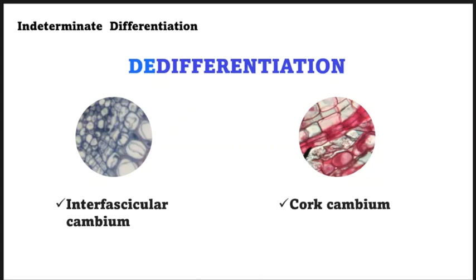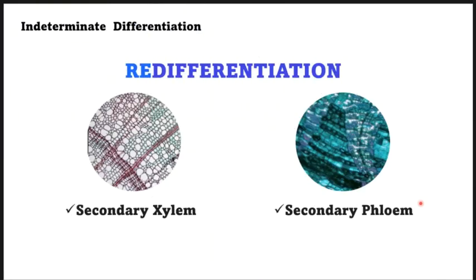But plants show the capacity of regaining their meristematic activity, and it is called de-differentiation, which is seen in the form of the interfascicular cambium, which grows in between the fascicular cambium, and the cork cambium, which grows in the cortex region during the secondary growth in plants. A de-differentiated tissue becomes capable of producing mature tissues, which is called redifferentiation, as in the case of secondary xylem and secondary phloem.